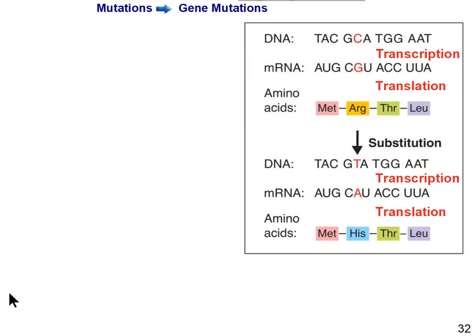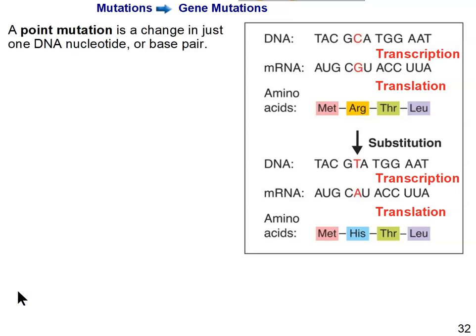So we'll start looking at gene mutations first, and first of all, let's list the different kinds of gene mutations that there are. What we're talking about here are referred to as point mutations because they affect just one nucleotide in the DNA nucleotide sequence. So that's just one point in the gene. One nucleotide, one point. So we call it a point mutation.